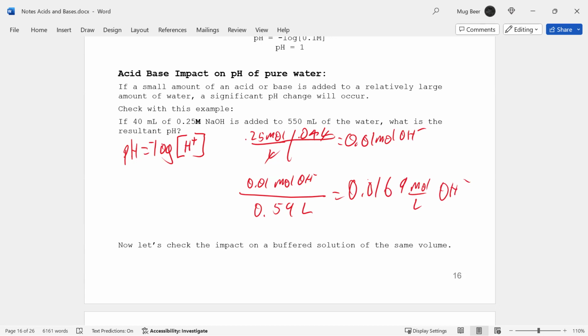Okay. So there's my hydroxide ion concentration. So how do I get myself from hydroxide ion concentration to H plus ion concentration? Do you remember that? Yeah, that's exactly what we do.